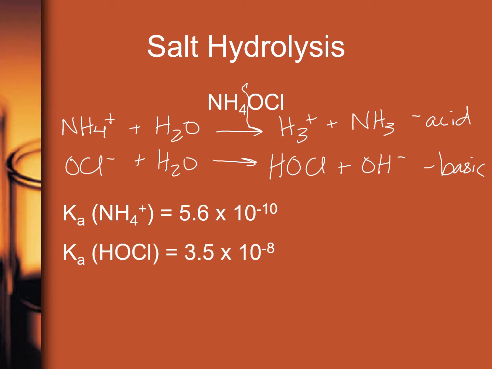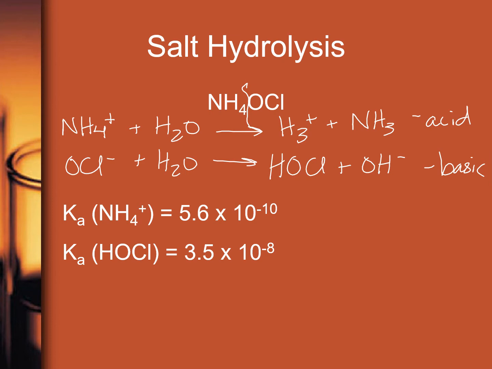So here, looking at our numbers, the Ka for ammonium is 5.6 times 10 to the negative 10th. Now, it did not give us Kb, but it gave us Ka of the HOCl. So remember, we can find Kb because Ka times Kb equals Kw.